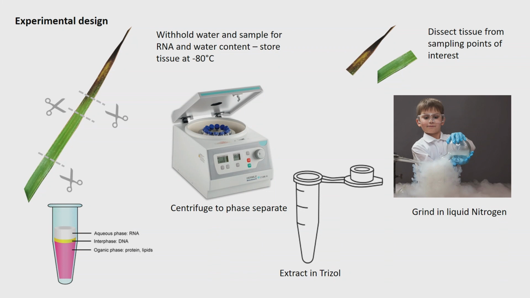You can take this RNA, put it into a very fancy machine that I don't understand, and it'll give you information about how those genes are expressed. We can compare that between hydration states and between tissues. In this study, I compared the senescent tissue, the apex of leaves, to the pre-senescent transition zone, and then the non-senescent tissue, which is viable after rehydration.